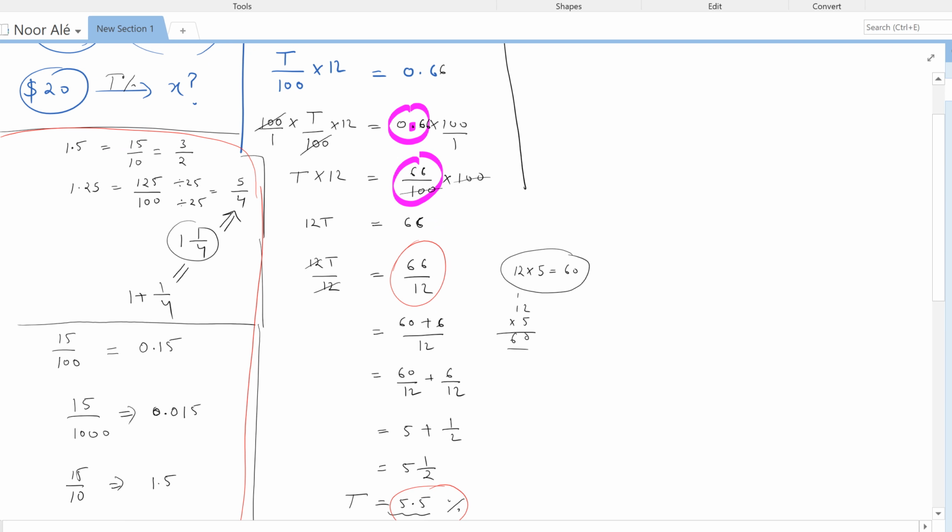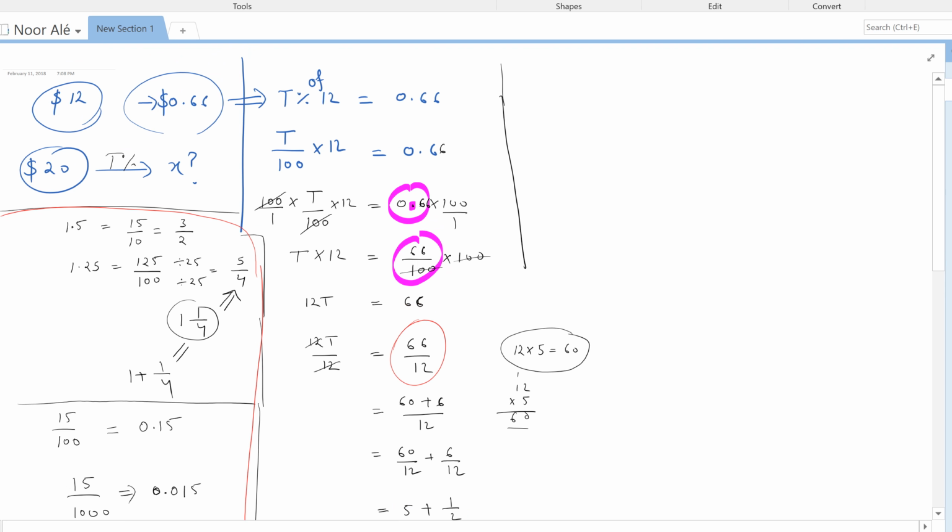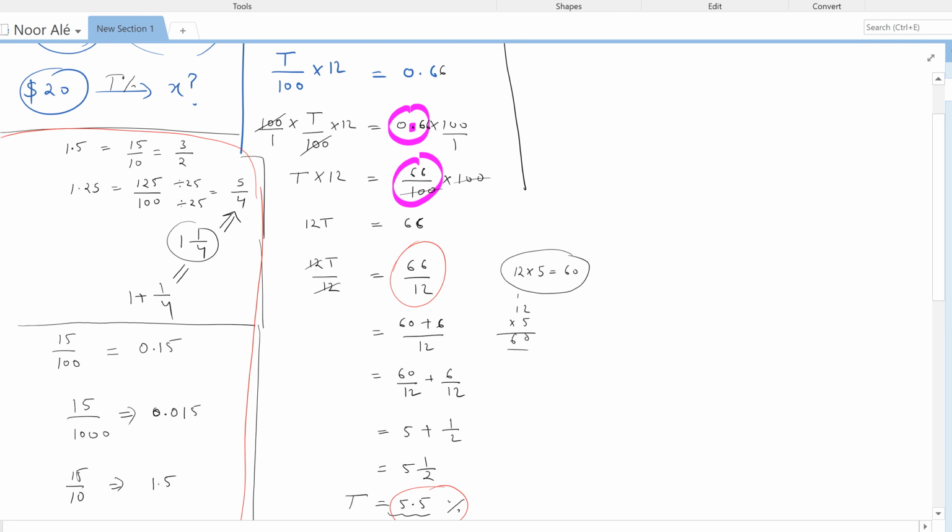Because if I follow all of the steps, that's like 70 plus 8 over 12. Yeah, 78 over 12. If I get up to the part where it's 60 over 12 plus 6 over 12, it's the same as me saying 70 over 12 plus 8 over 12.